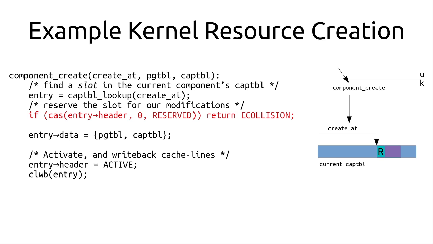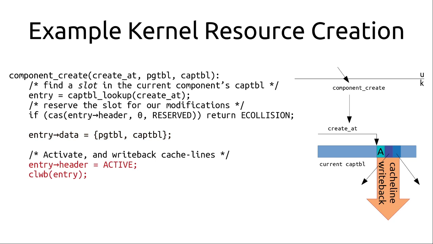And at that point, after we've reserved the slot, we populate it, we make any modifications we want to it, we put our data inside of it, this puts our page table and capability table into it, and after that point, we want to make it accessible and usable by not just this node, but by all other nodes. So at that point, this component that's currently active using this capability table would be able to access that component on all nodes.